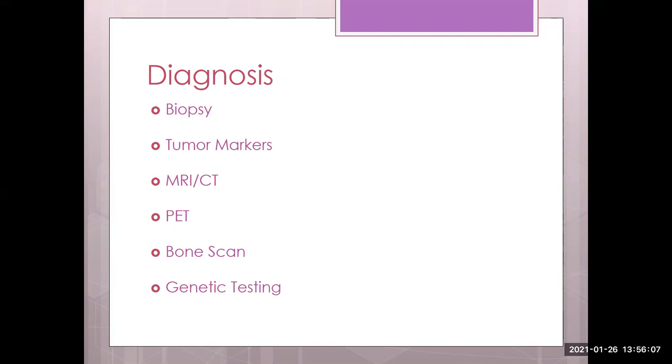So tumor markers. Tumor markers are substances. They can be either genetic changes or proteins that are made by the body or made by the cancer cells themselves. They can be used to aid in diagnosis.